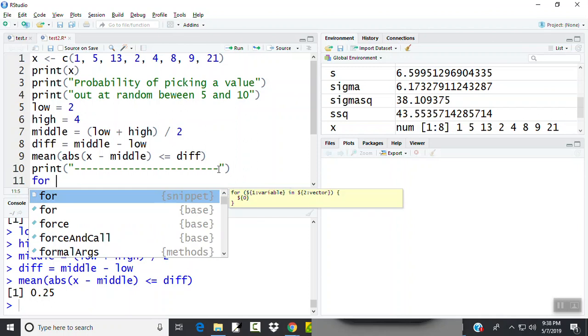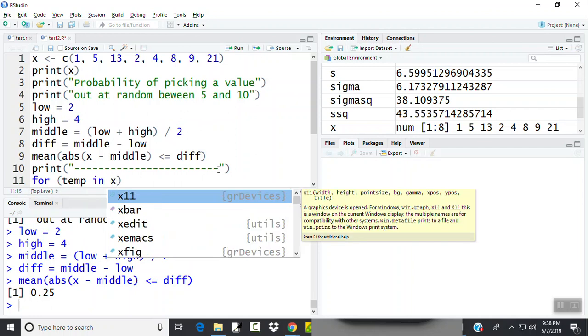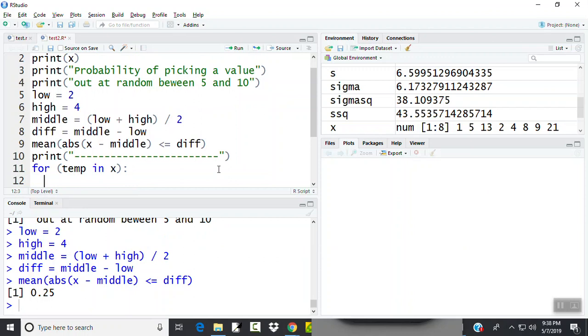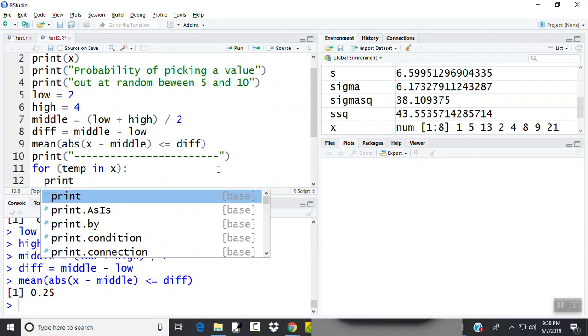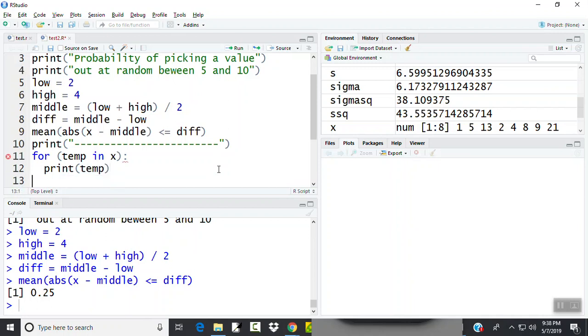For temp in x, print x, print temp. It doesn't like something. Unexpected token.